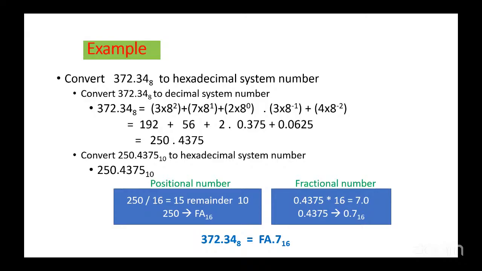After the point, 8 power minus 1, 8 power minus 2. If you do that, you will get the answer 250.4375, which is a decimal number. Then convert to a hexadecimal number system.